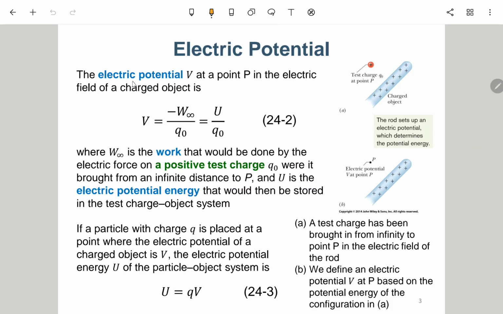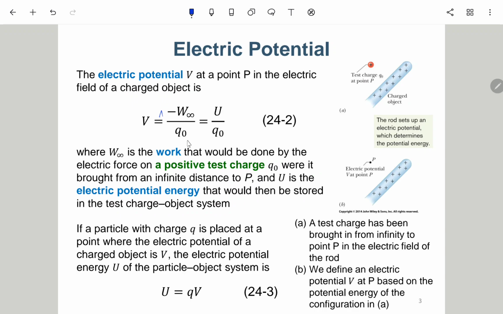Okay, so here is the definition of electric potential. It says the electric potential V at the point P in the electric field of a charged object is defined like this: V equals negative W infinity over Q0, or it is equal to U over Q0.